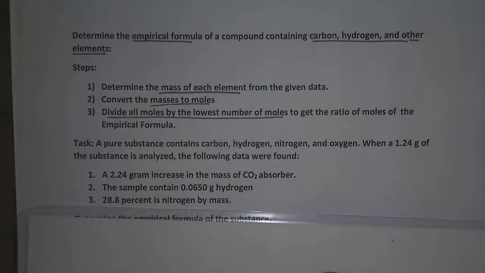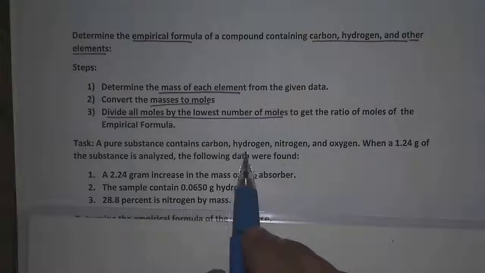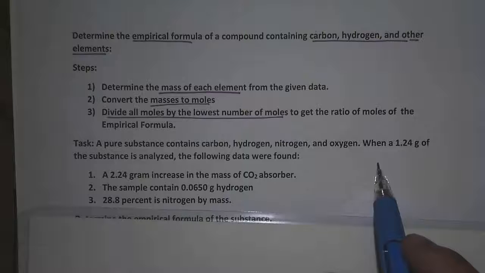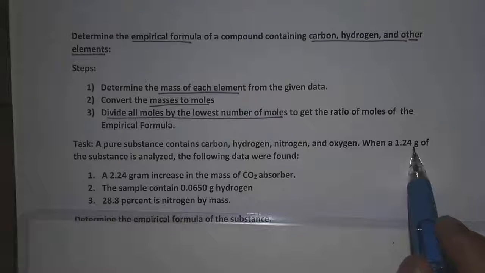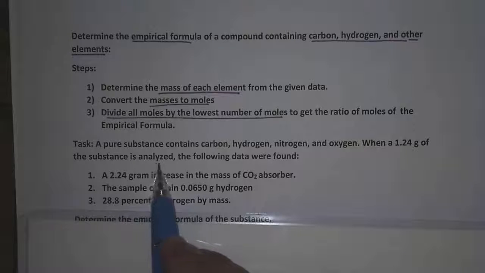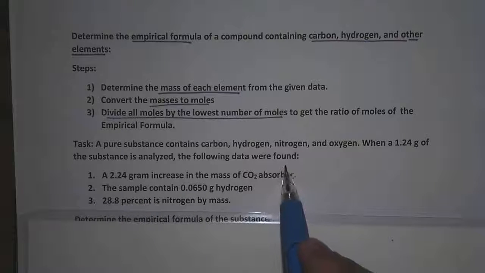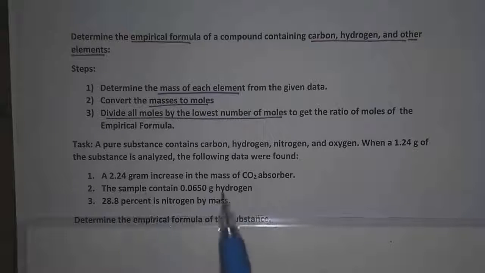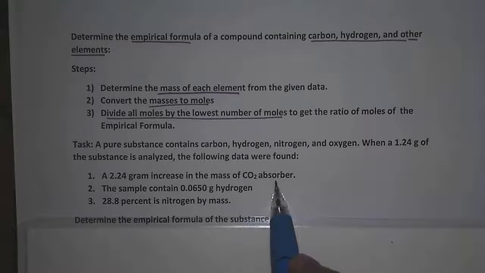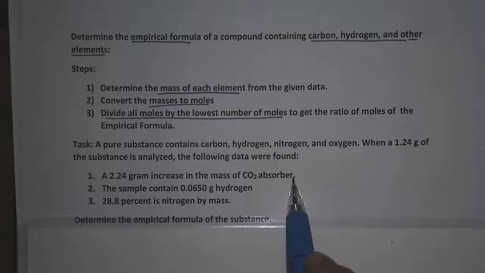Here I have a pure substance containing carbon, hydrogen, nitrogen, and oxygen. When 1.24 grams of the substance is analyzed, the following data were found. We have a 2.24 gram increase in the mass of the carbon dioxide absorber.